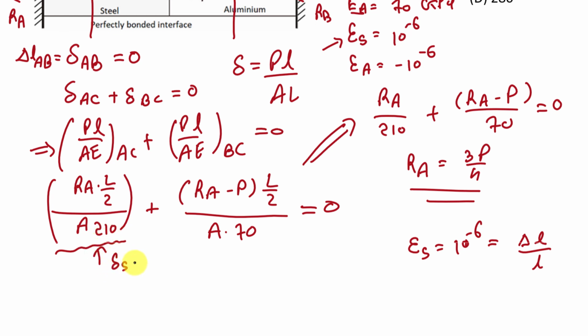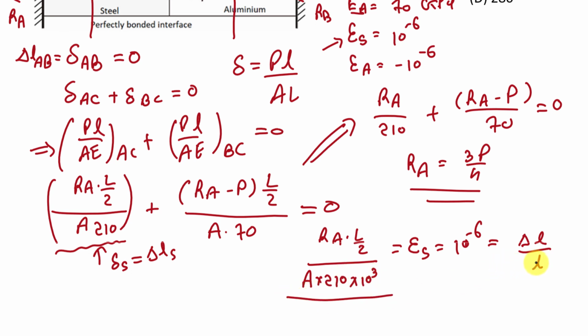It is delta L for the steel bar, right? So from here we can say that delta L is equal to RA into L by 2 divided by the area into 210, and since it is in gigapascal, into 10 raised to 3 will be megapascal. This is the value of Young's modulus in megapascal. And divided by the initial length, that is L by 2, right?